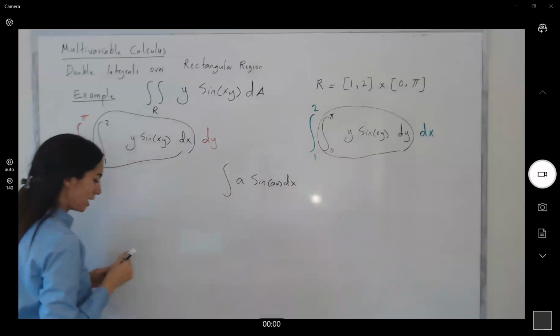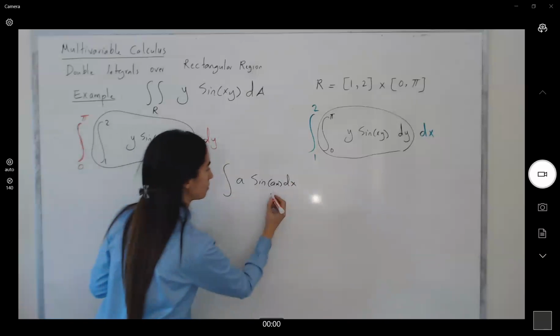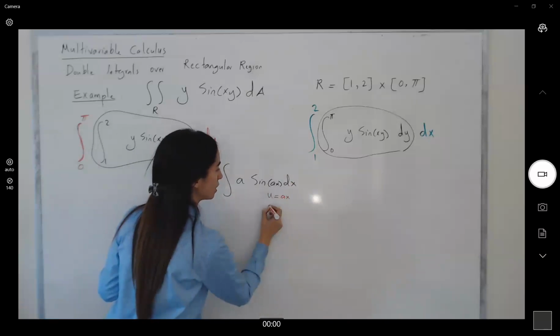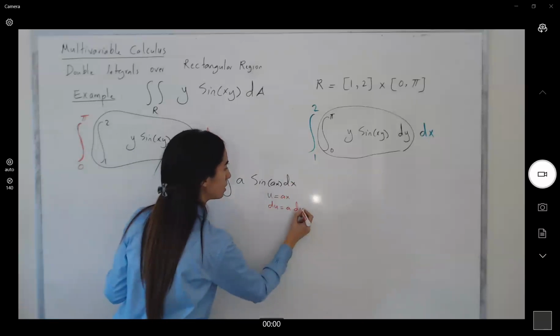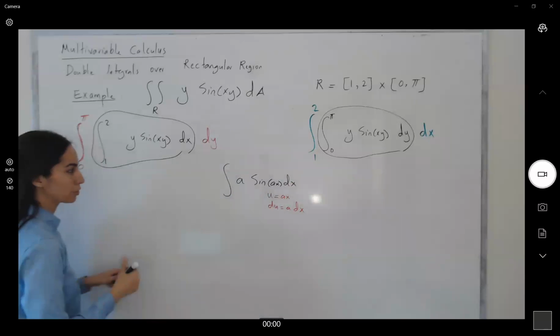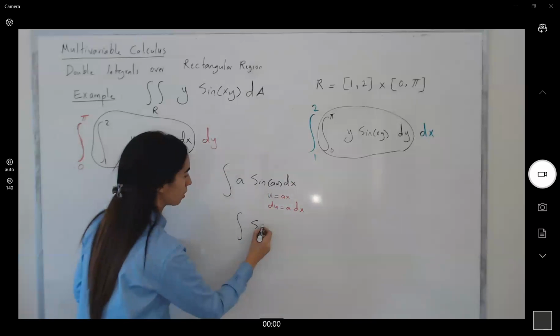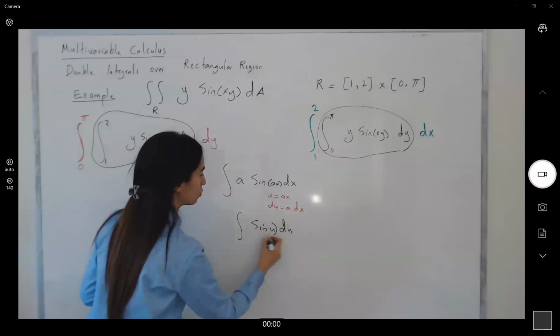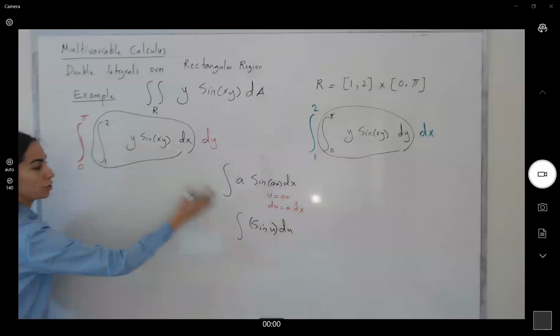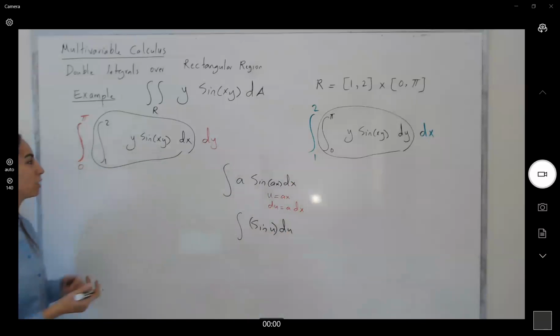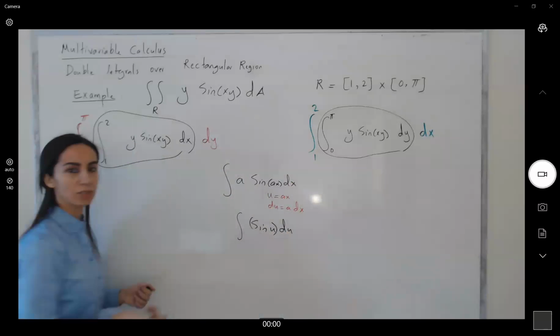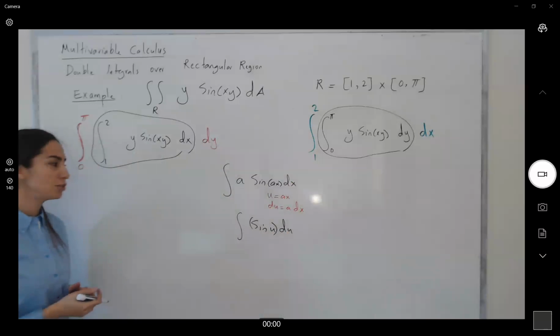If u is ax, du is a dx. So this integral can be written as the integral of sine u du. Very well. So the integral of sine u is equal to negative cosine u.